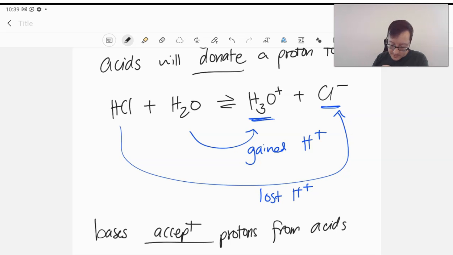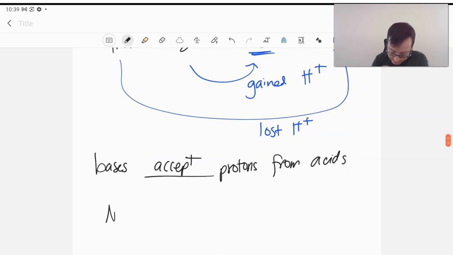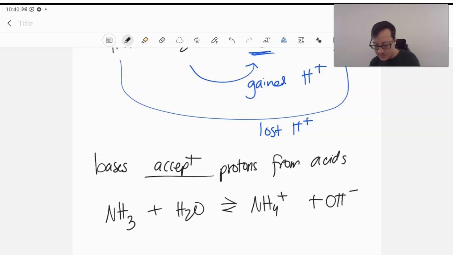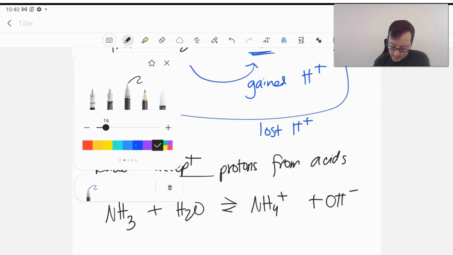And so we can do the same thing with the ammonia. We saw that this made NH4 plus and OH minus, the ammonium hydroxide. And we remember in our chemical reactions that really the NH3 kind of bubbles away, but for the purposes of this equilibrium, we can see what's happening here.